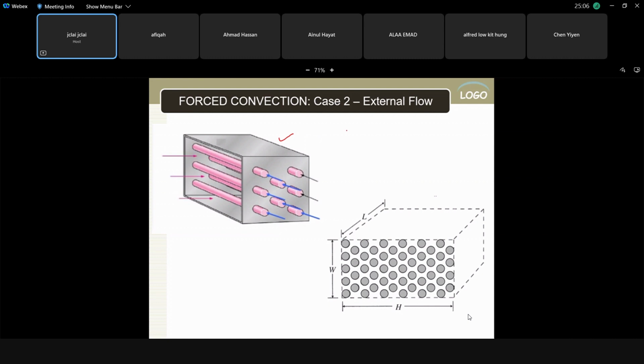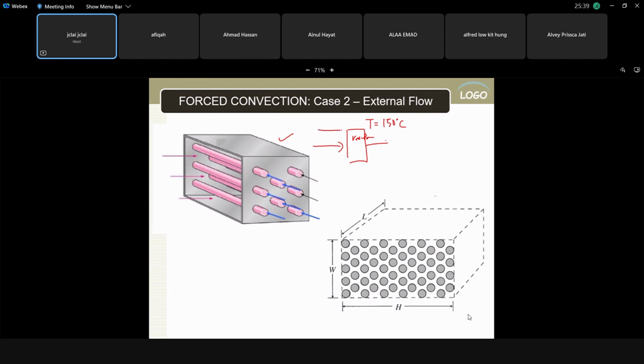For example, let's say you have a reactor here. The temperature required for the reaction to occur, let's say, is 150 degrees Celsius. Then you have your raw material.